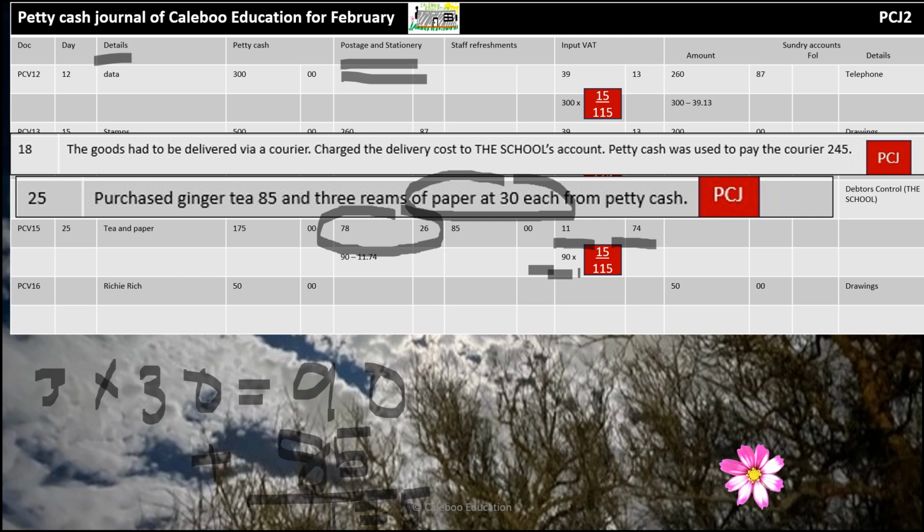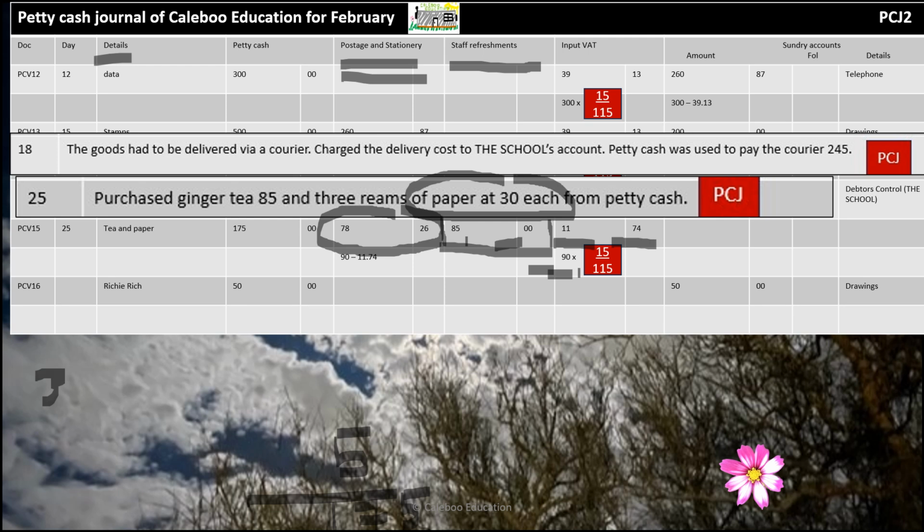But that's not the end of this transaction, because ginger tea, trying to keep our staff healthy, was purchased, and because it's a staff refreshment, it's a non-allowable item, we may not claim VAT. So the full amount goes under staff refreshments. And that's how that transaction there comes together.